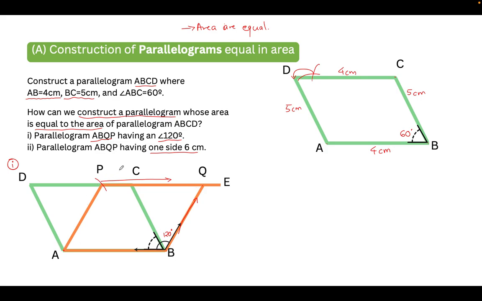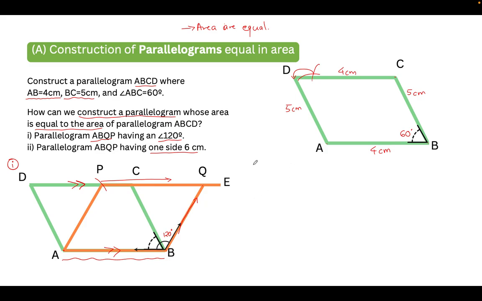The area of ABCD must be equal to the area of ABQP. Why? Because they are standing on the same base AB and lying between the same parallel lines DE and AB. So they are equal in area. And the parallelogram ABQP has 120 degree as well.